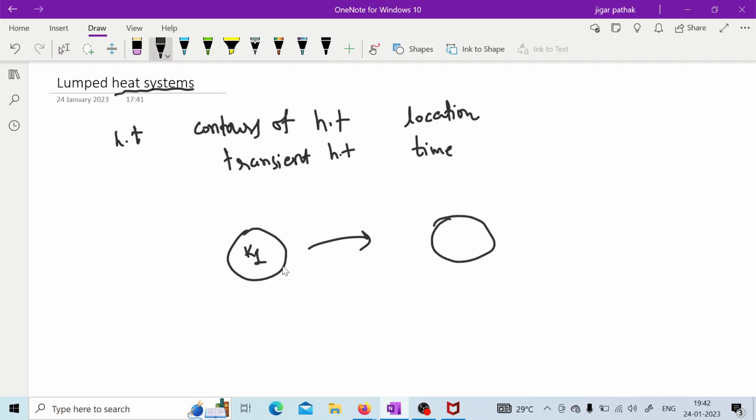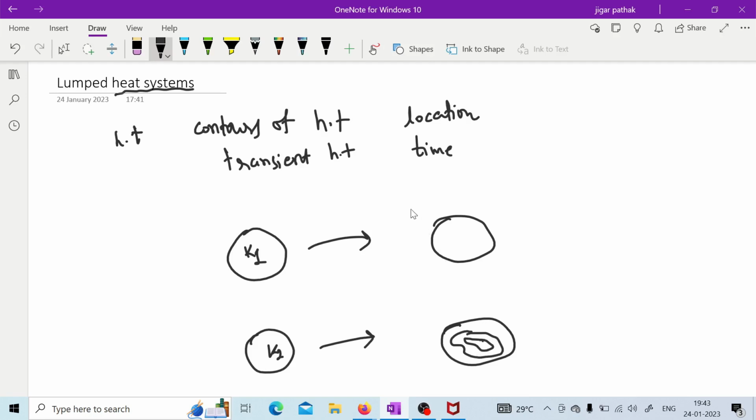Now this K1 is so high that the temperature is almost the same throughout the body. While in the other case the conductivity of the material is K2 and you have a ball of the same dimension of that material, which actually has contours of temperature. It does not have the same temperature throughout the body when you take it out from the oven, because the heat has not conducted throughout the body at this instant.